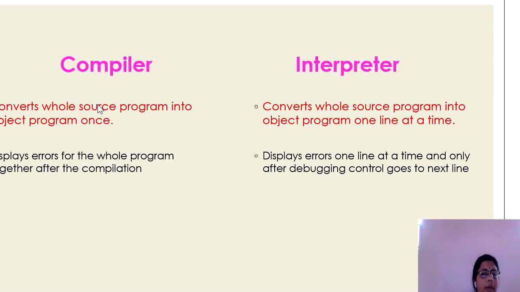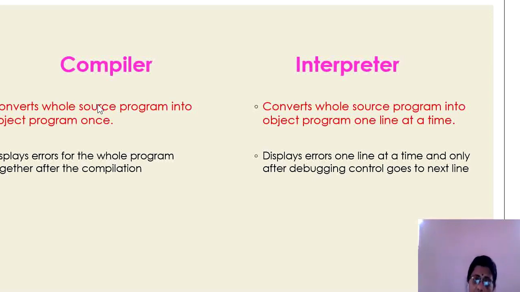What does the compiler do? It first checks all the 10 lines for errors. If there are no errors, the whole 10 lines will be converted into the object program.